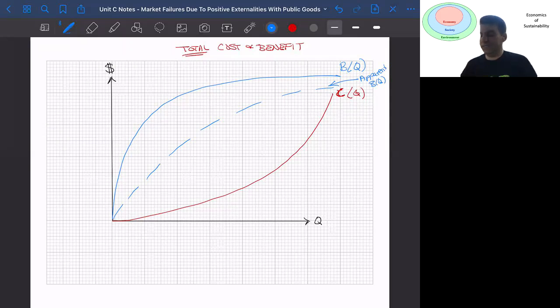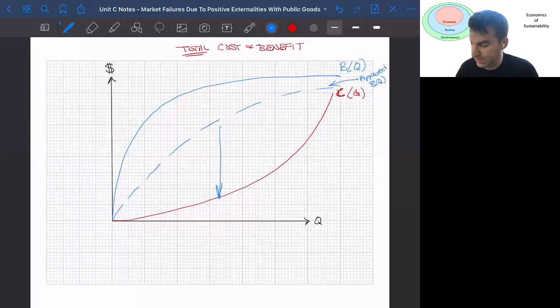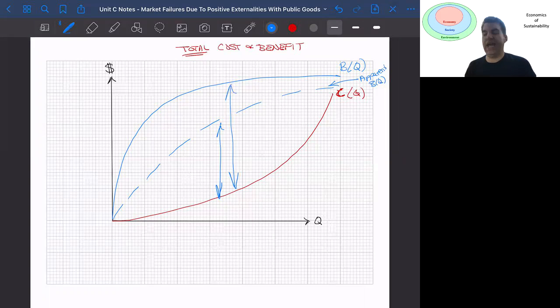And so what we can see here is that the apparent benefit to society may end up having the widest gap at some point. But if you include the total benefit to society, then you end up finding that the widest gap between benefit and costs actually happens to the right.